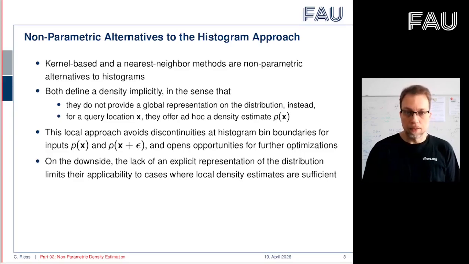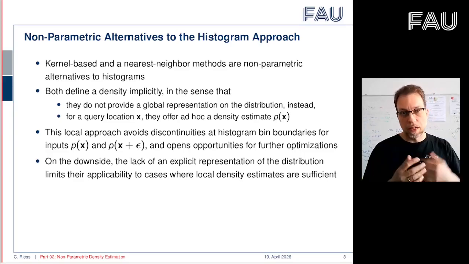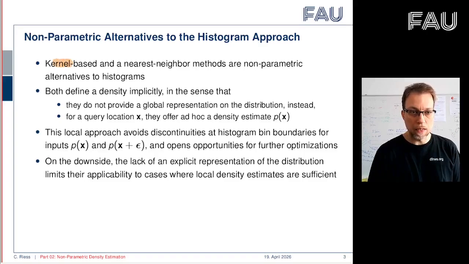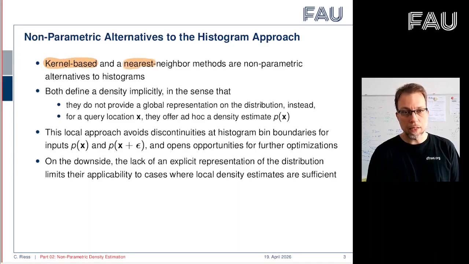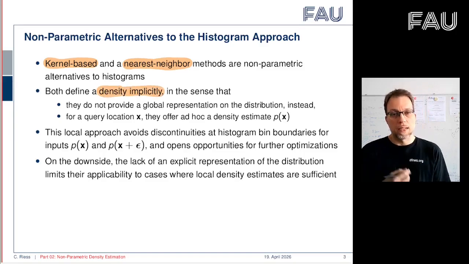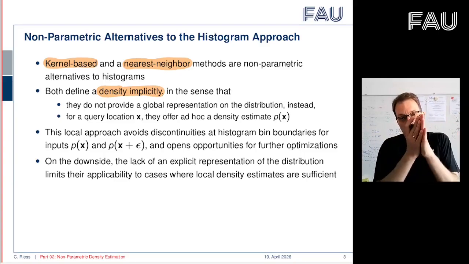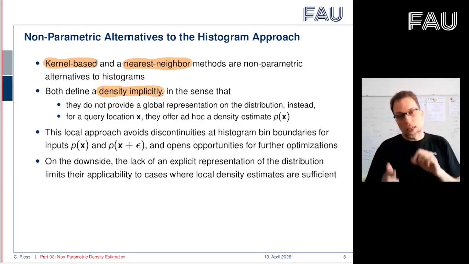There are alternatives of non-parametric estimators. There are alternatives to the histogram approach. Specifically, we will look at so-called kernel-based density estimators and nearest neighbor-based density estimators. These are also non-parametric density estimators, but the main difference to histograms is that they define the density implicitly. What does that mean? It means that you don't get a global representation like in a histogram where at will you can just check every bin.